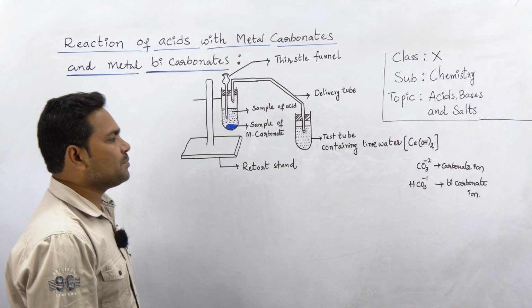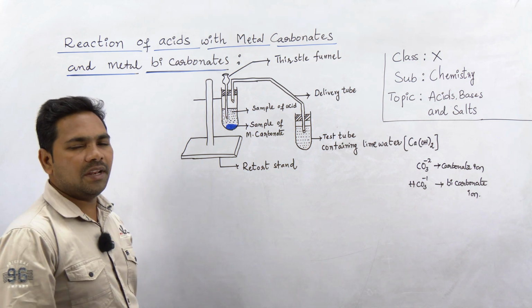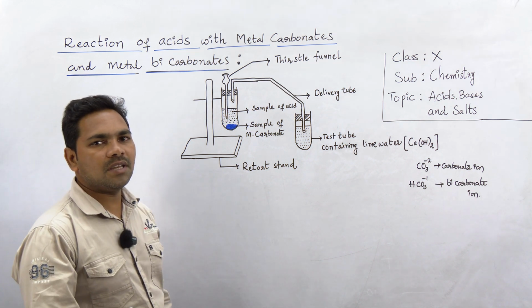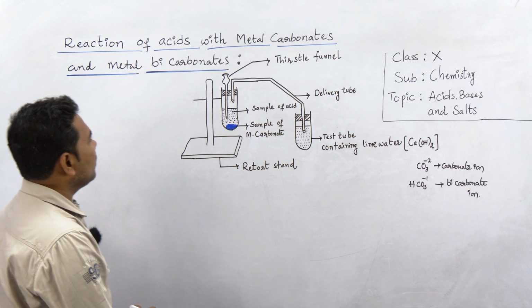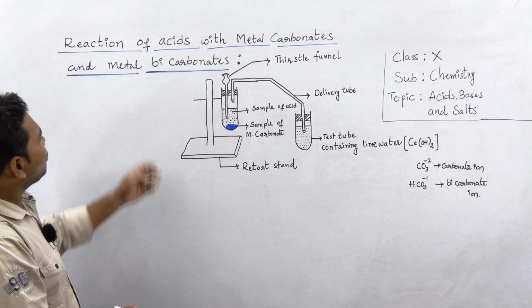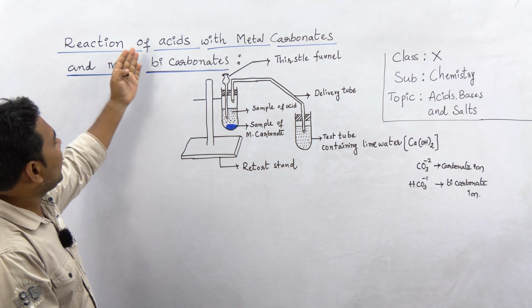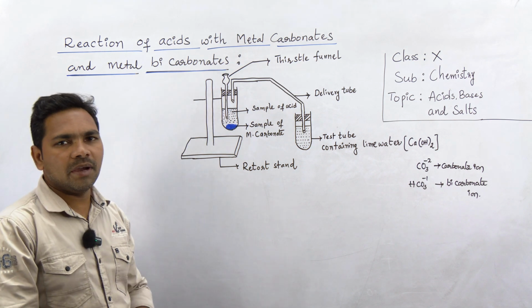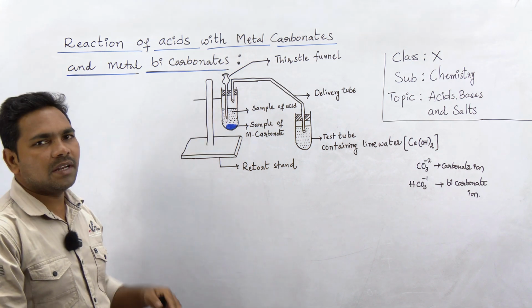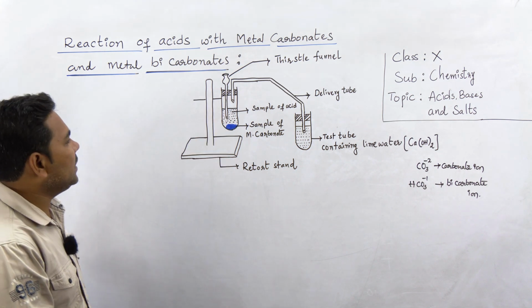Using the crisscross method, we can write the formula of various metal carbonates and metal hydrogen carbonates. Now, to understand the way acids react with metal carbonates and bicarbonates, let us discuss an activity, right?